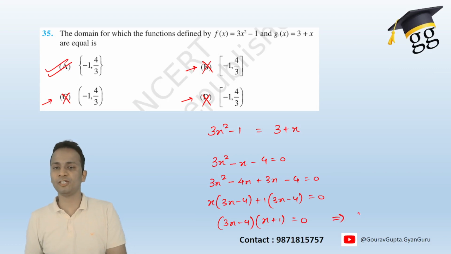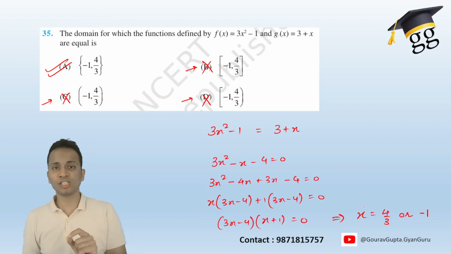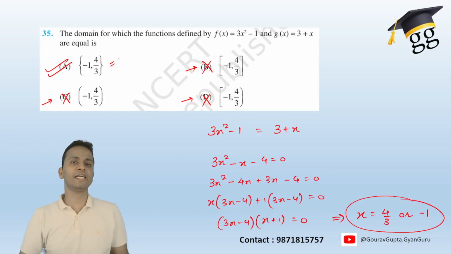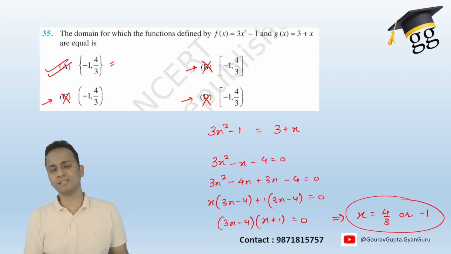From here, I'll get two values of x. X is equal to 4 upon 3 or x equal to minus 1. So, the domain for which the functions will be equal, it will have only two values of x, which is correctly shown by option A. Alright, so question number 35, it's done. You can save your time in case you want to show all the steps. I have done it for you.